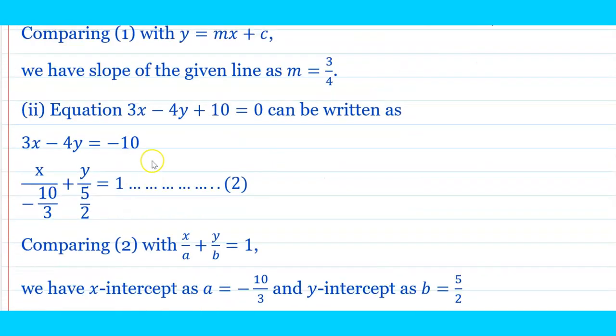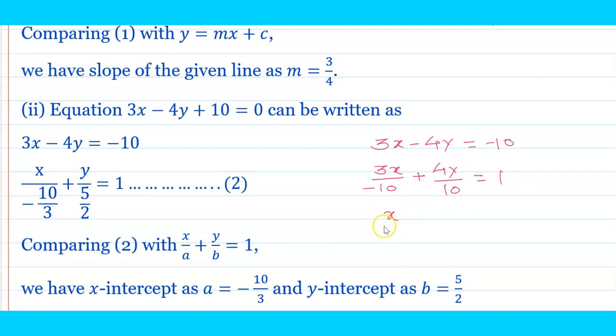To find out the x-intercept and y-intercept, convert this line: transfer this 10 to the right hand side. See this here, 3x minus 4y is equal to minus 10. Divide on both sides by minus 10, and here you will get 3x upon minus 10, and again if you divide by minus, minus and minus will become plus, 4y upon 10 is equal to 1.